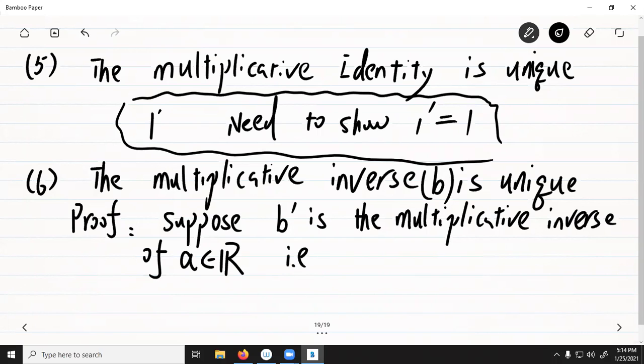In other words, A times B prime should be equal to 1, right? This is the definition for the multiplicative inverse. So A times B prime equals 1.